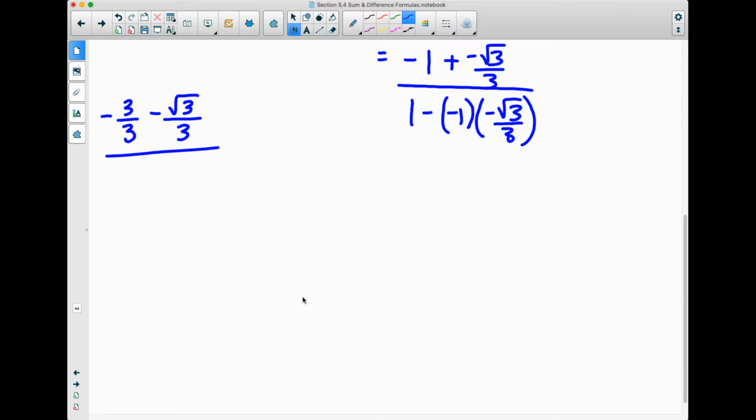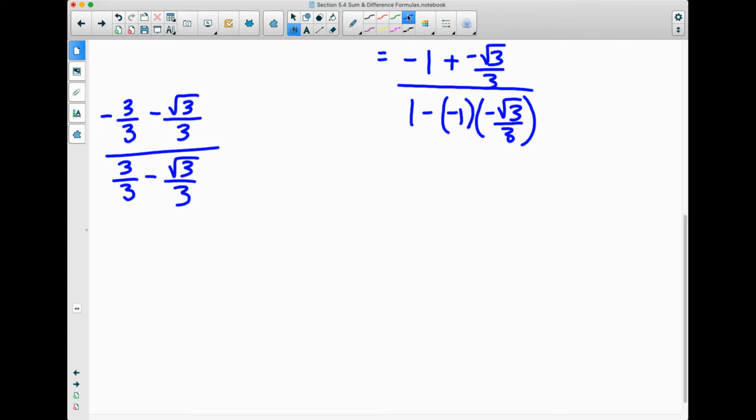And this becomes a positive, but that makes it a negative. I'm going to say that's 3 over 3, and then minus our root 3 over 3.